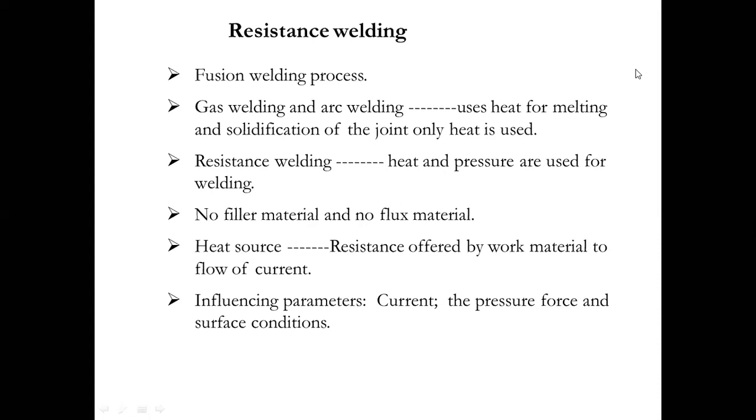So when I'm sending a current into the workpiece, which is clamped between electrodes or some clamping device, there exists a resistance to the flow of current, right? Due to this resistance, the metal will start melting, and the temperature will reach the fusion temperature, and both parent metals will join each other and fuse, right?